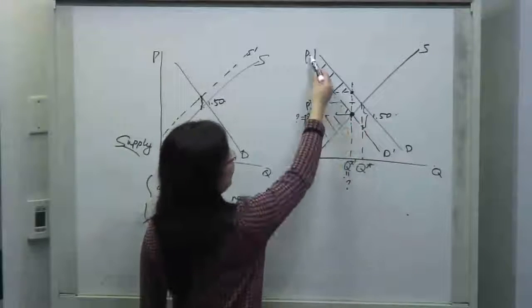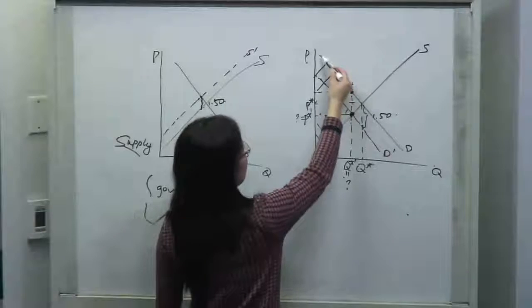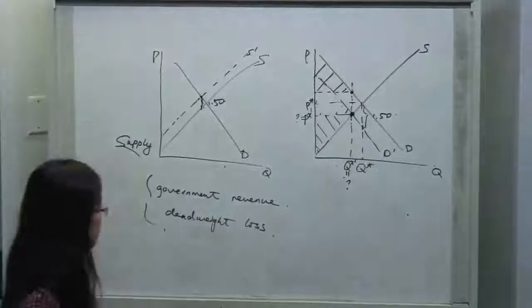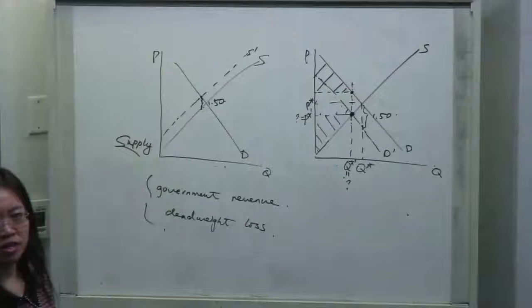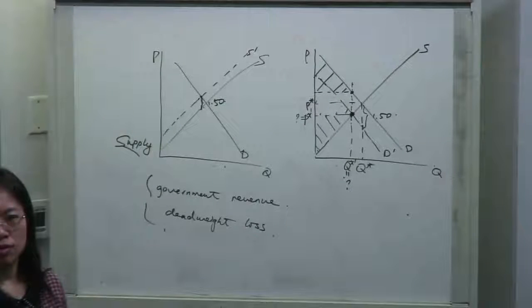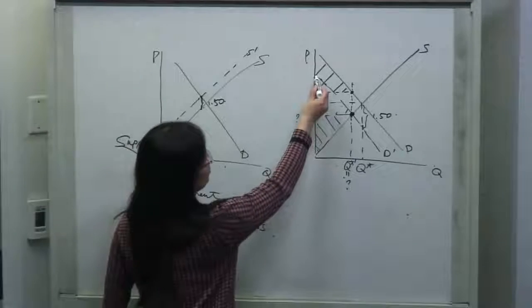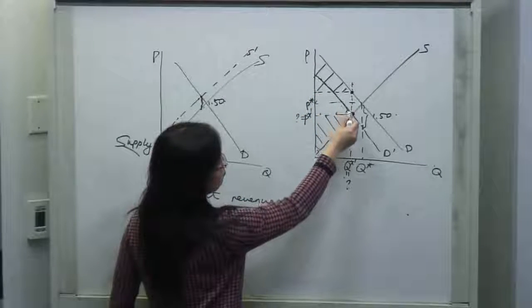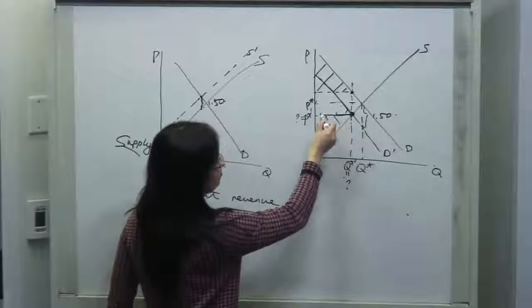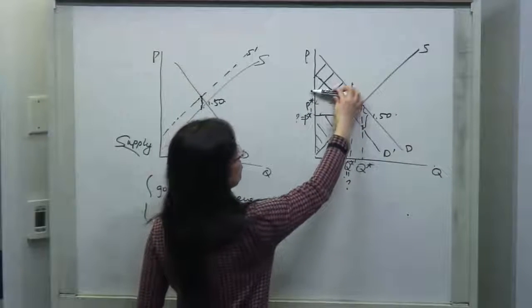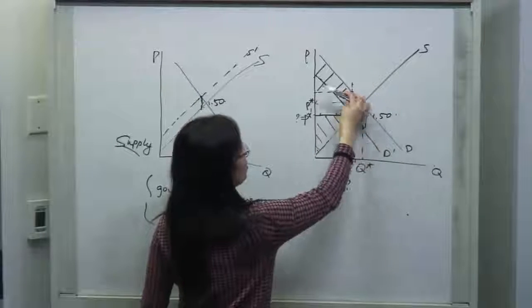And this one and this one, they are identical. Can you guys see it? Do you know which two triangles I'm talking about? Originally it's this, right? It's this. So I move this up to here.